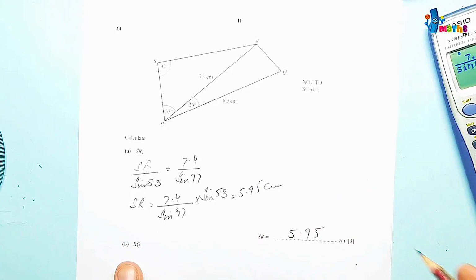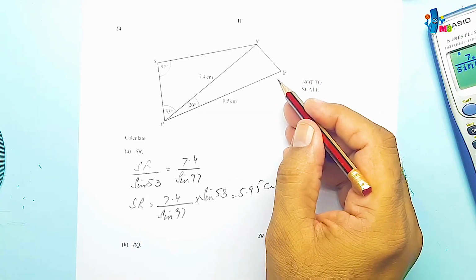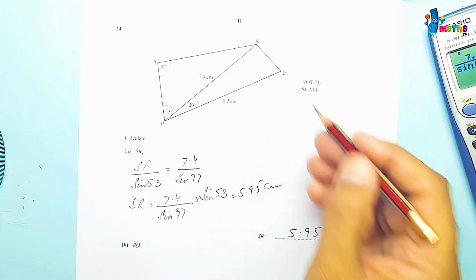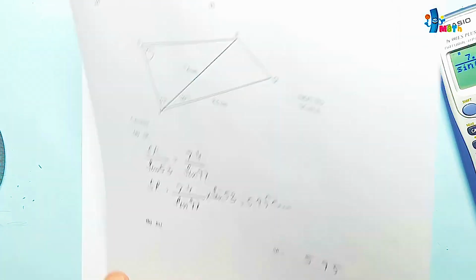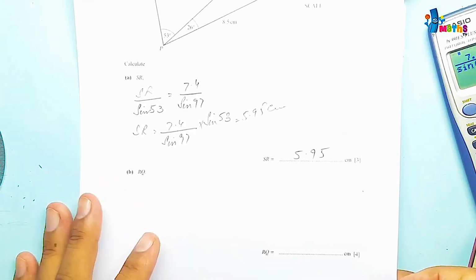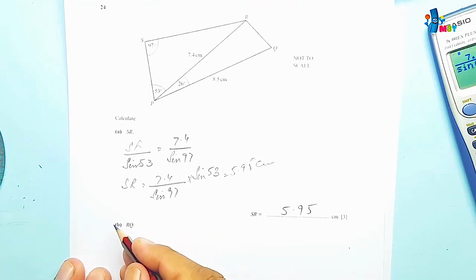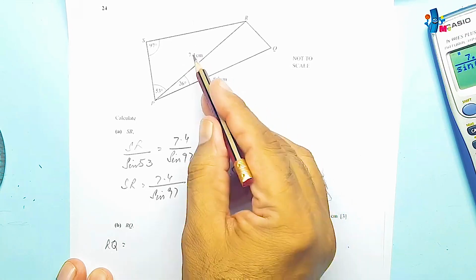RQ also we have to find. RQ is this one. This side is also required, so we can use the cosine rule. In the cosine rule, we'll be using these two lengths and this angle.